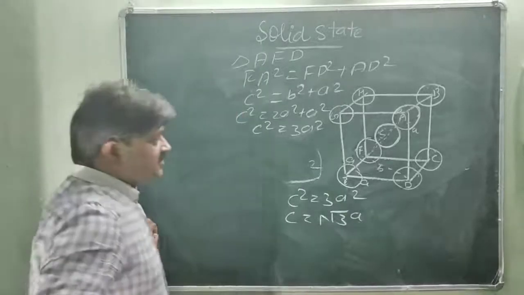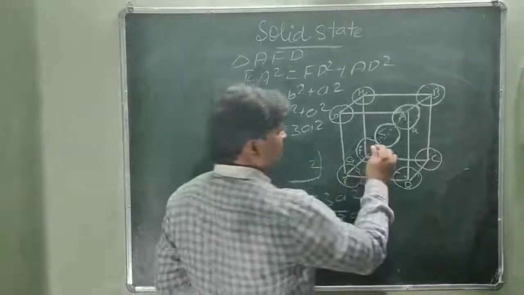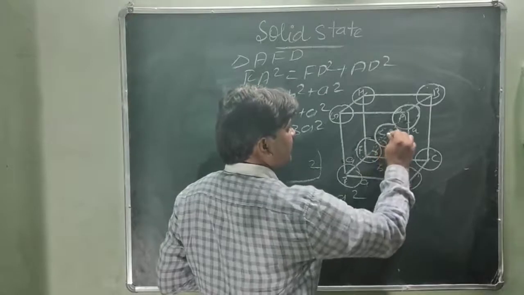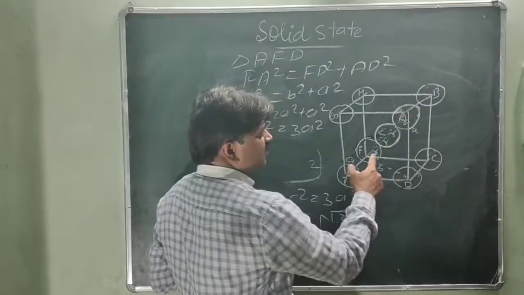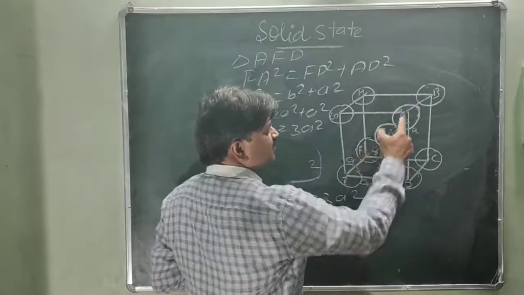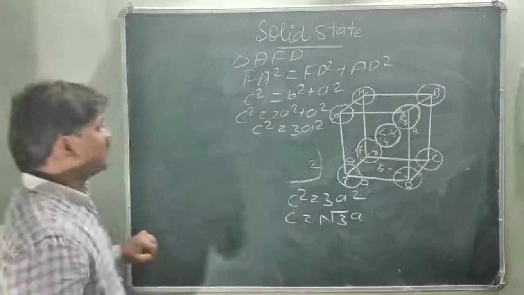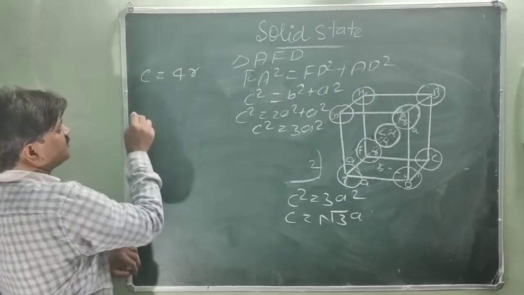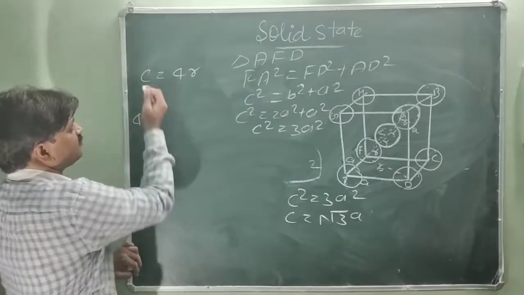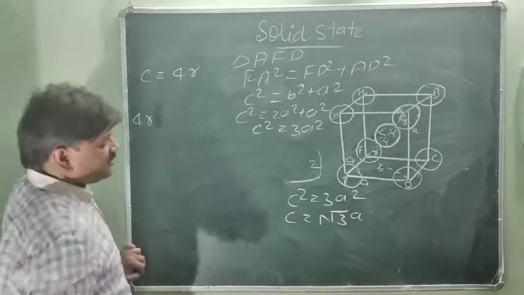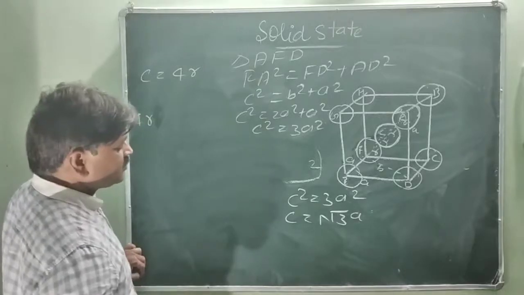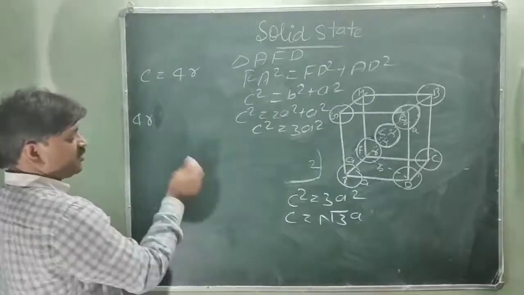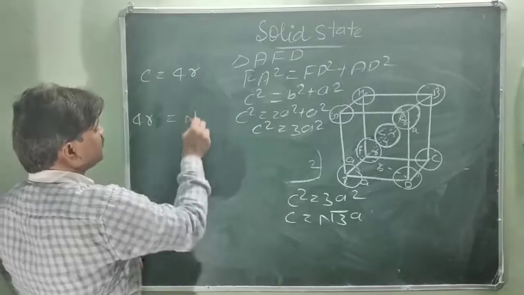You will see here the value of C is R and R, total how much R? 1, 2, 3, 4. So C is equal to 4R. So 4R is equal to √3 A.